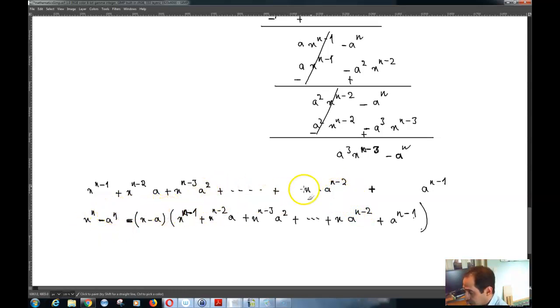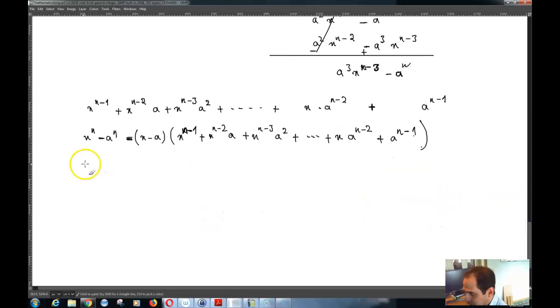Now, what that means is that the quotient is going to be this thing over here, and the limit that we had was the limit of x raised to the power n minus a raised to the power n over x minus a when x tends to a. This quotient is this thing over here.